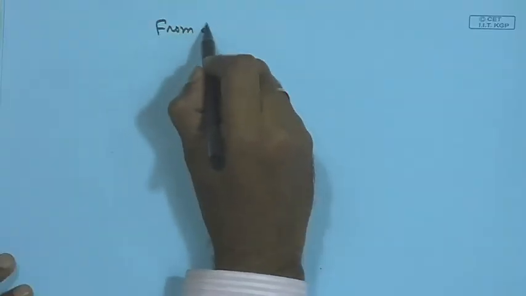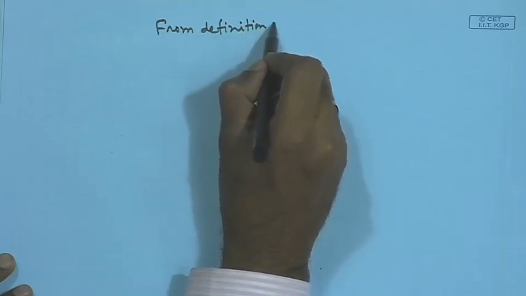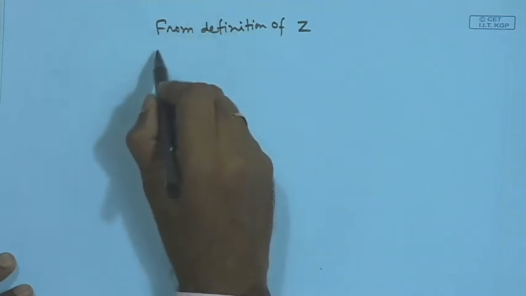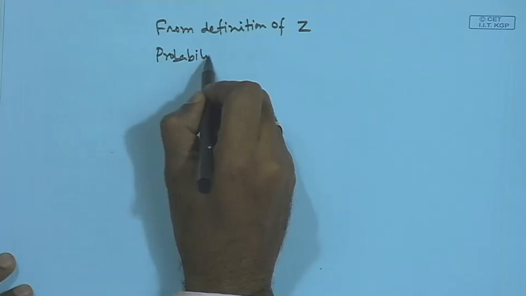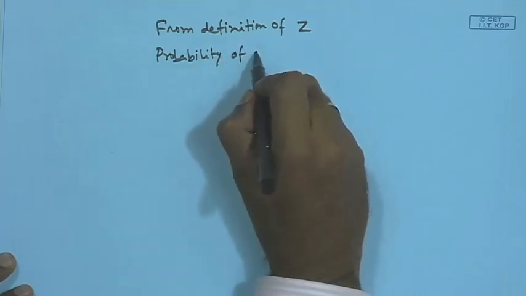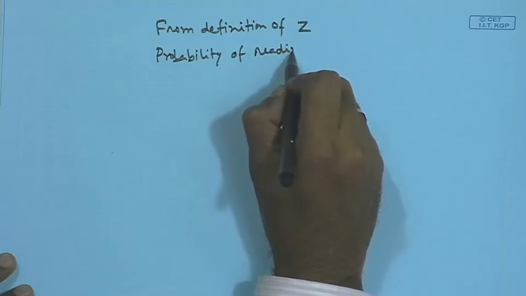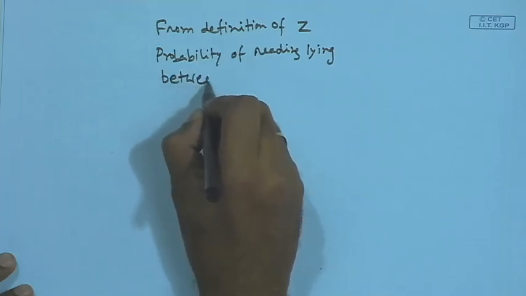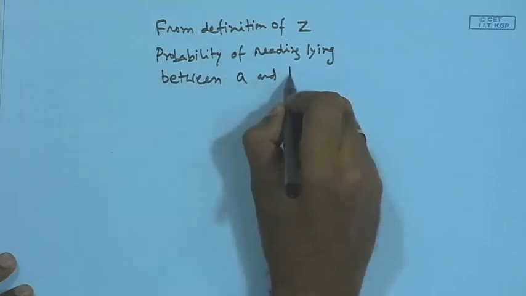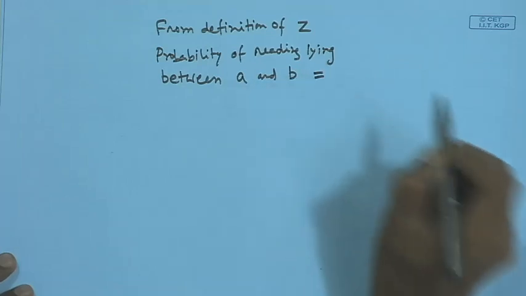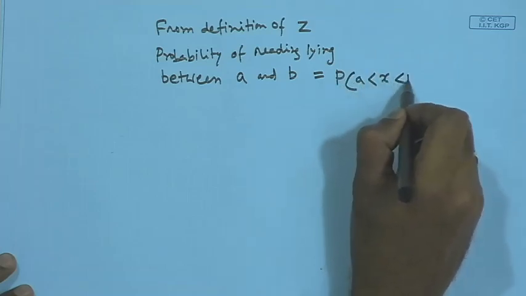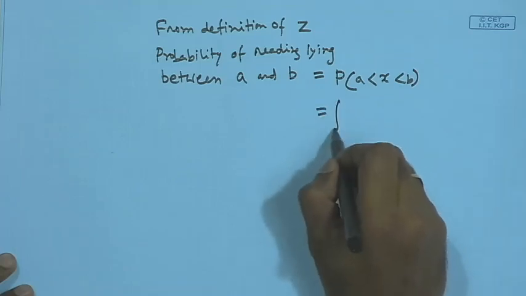So, from the definition of z, the probability of a reading lying between A and B, which can be written as the probability that x lies between A and B, is the area under the curve.